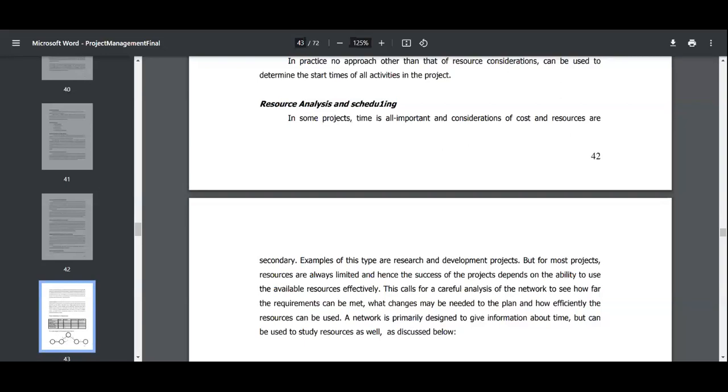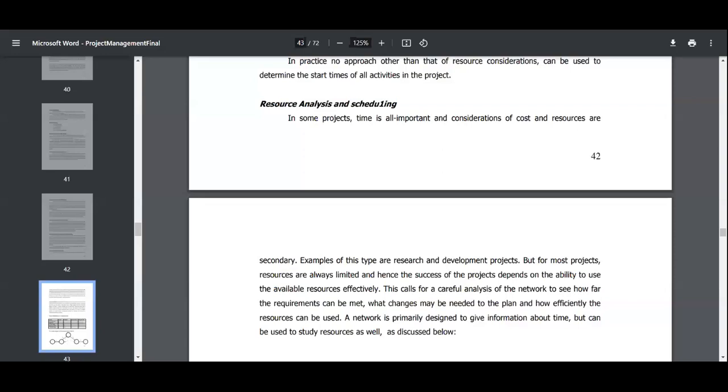Means everything you require to complete the work, and as per analysis we check it, we supervise all that work, and then we finish it. So that is the resource analysis schedule, and we prepare it on a daily basis or weekly basis.